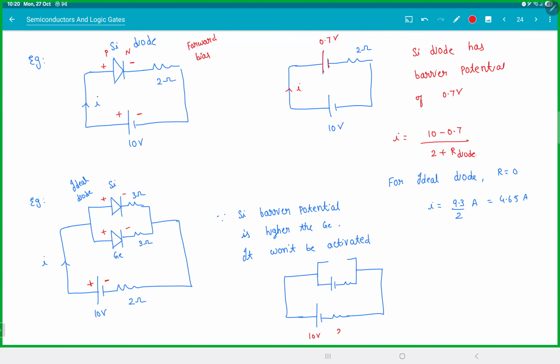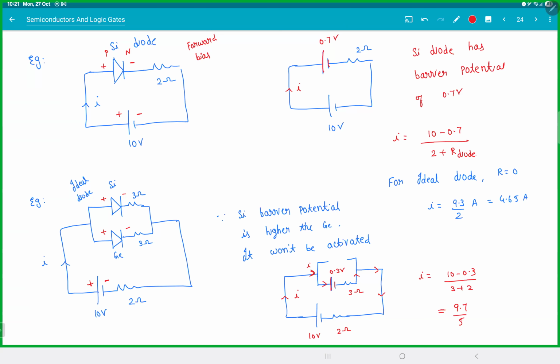This is 10 volt. This is 2 ohms. This is 3 ohms. And remember, germanium will take away 0.3 volts. So all the current will flow through germanium only. So I will be (10 minus 0.3) by (3 plus 2), which is 9.7 by 5.